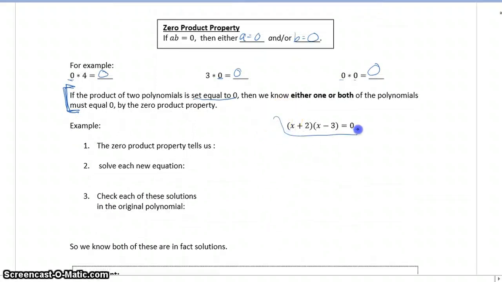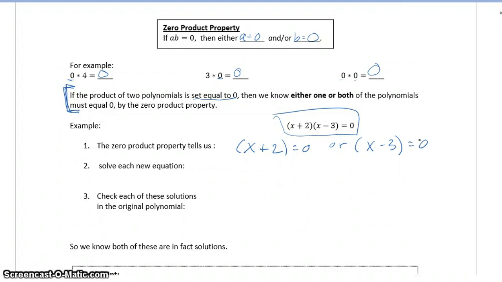Here we have x plus 2 times x minus 3 equals 0. So what the zero product property tells us is that either x plus 2 has to be equal to 0 or x minus 3 has to be equal to 0. Or both could be equal to 0.